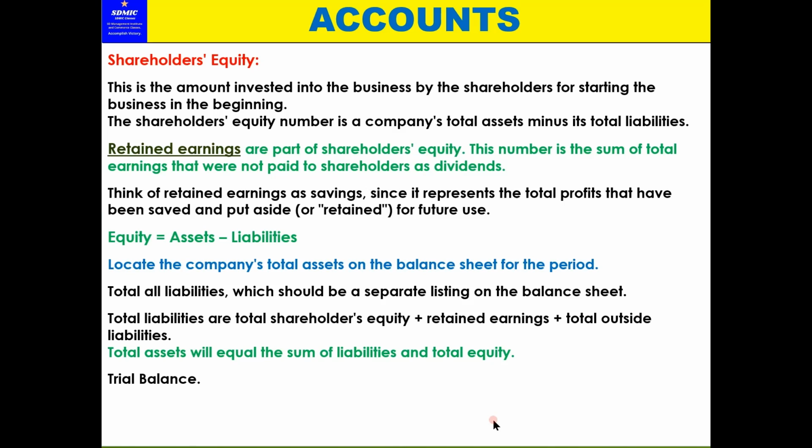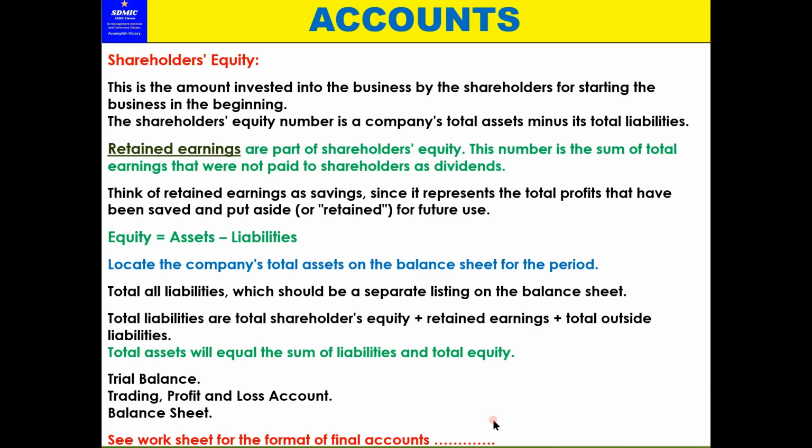Now before making the financial statements, one should prepare a trial balance. Why is the trial balance made? Trial balance is made just to see the arithmetical accuracy of the accounts entered. Then the trading profit and loss account and the balance sheet.